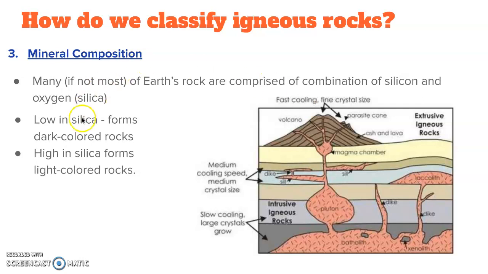All right, and one thing your book points out, in general, if there's a low silica content in the rock, then typically the rock is going to have a darker color. If there's a high silica content in the rock, then typically the rock will be a lighter color.